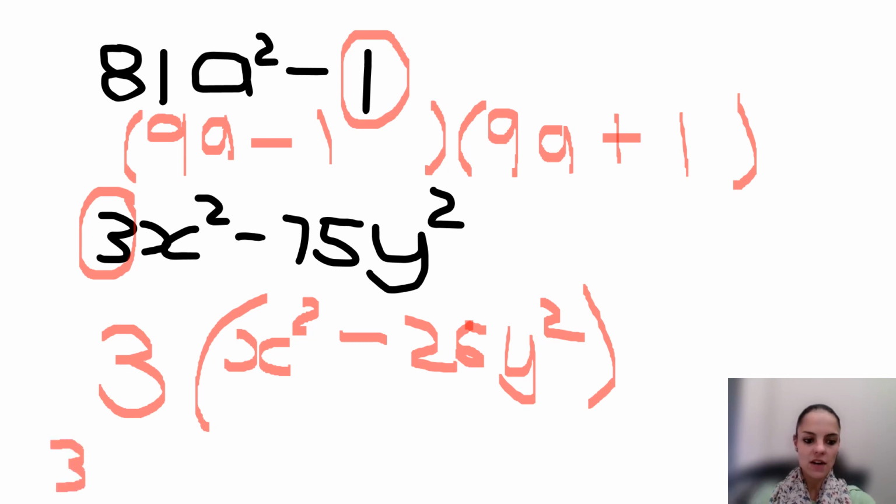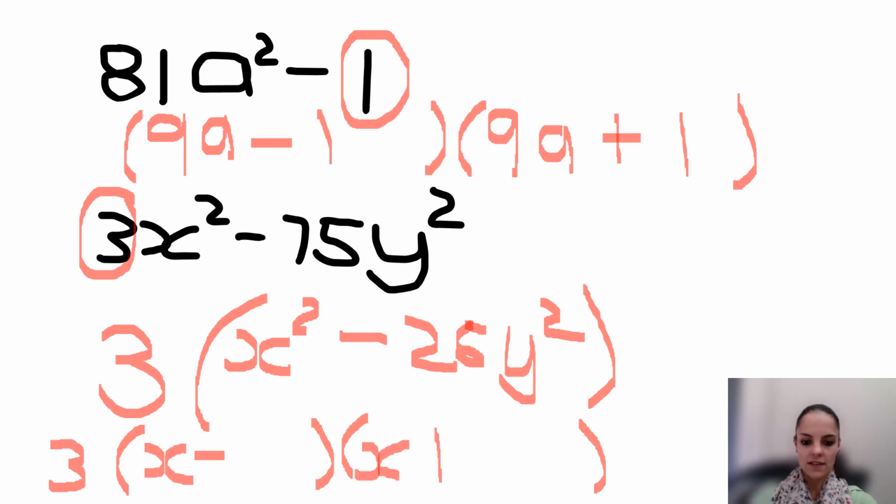The 3 stays outside, and now we still have our two brackets. X squared will be x minus, and we'll have x plus. 25 will be 5, and y squared will be y, so plus 5y. And there you go. It is now factorized, and that was just an extra step that we didn't have with the first examples.